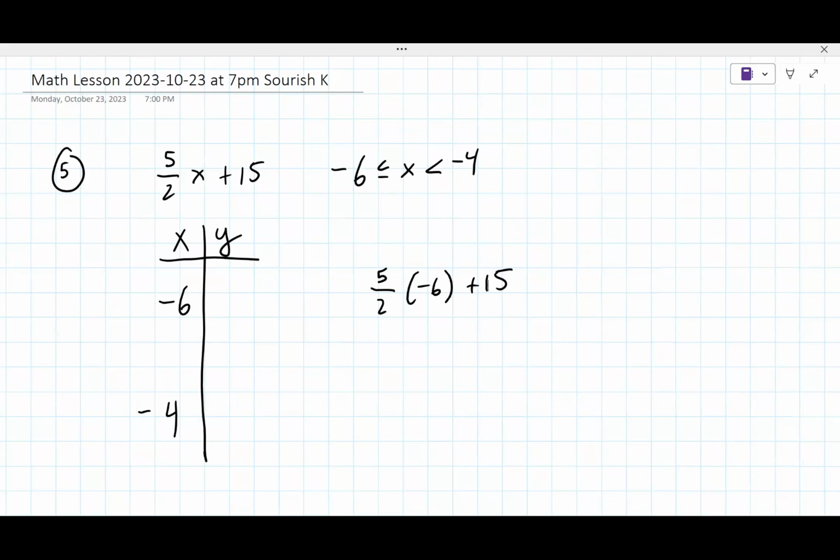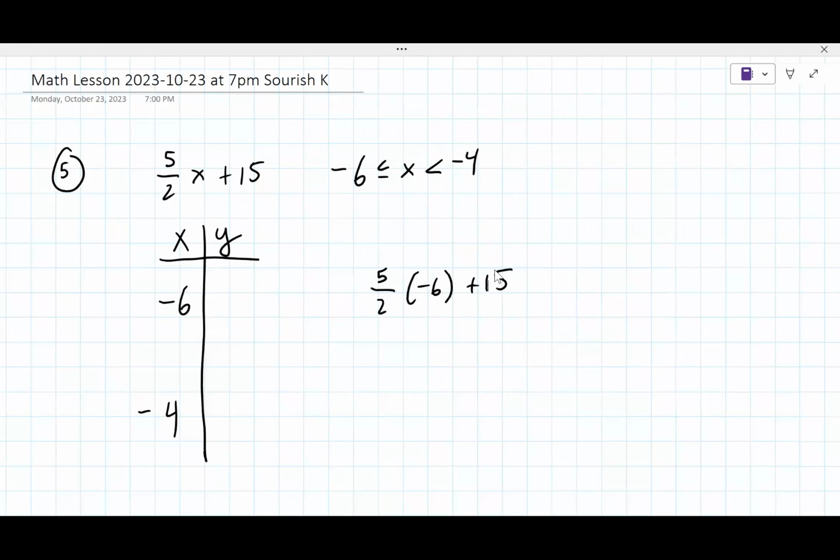Should I go to Desmos? Nope, you've got to put these numbers into the equation. I'm just asking you to simplify. 5/2 times -6 plus 15.